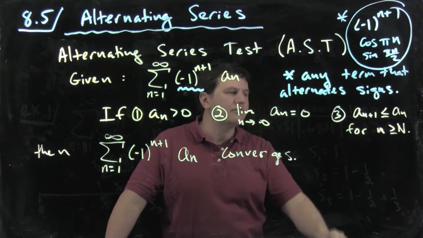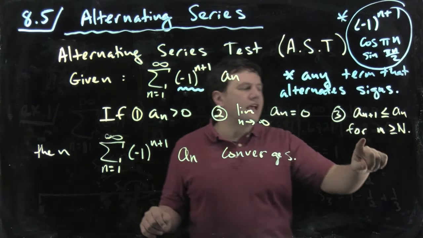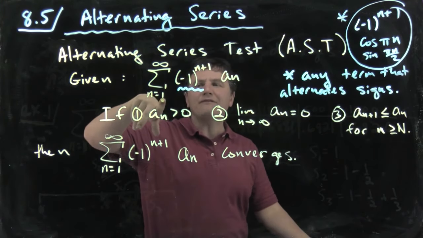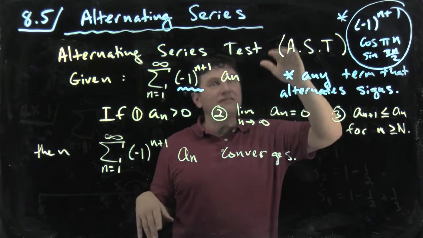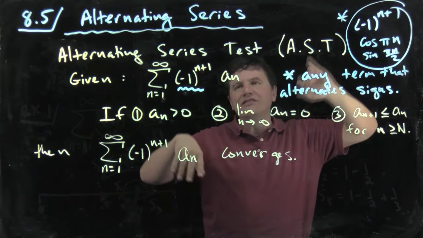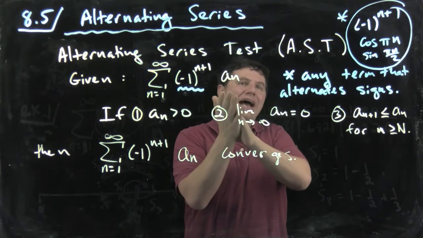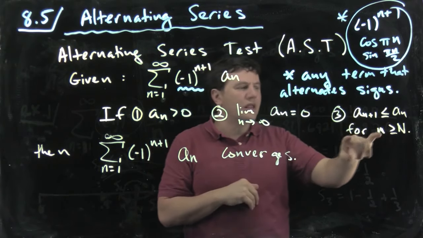I guess it's technically less than or equal to, but generally we're talking about less than. And this has to be true for some n greater than N. What I mean by that is, it wouldn't have to happen right at 1, as long as it happens at some point. So if it spent some time increasing, that would be okay, as long as it gets to a value, and then from there, each new term will be less than the one previous.